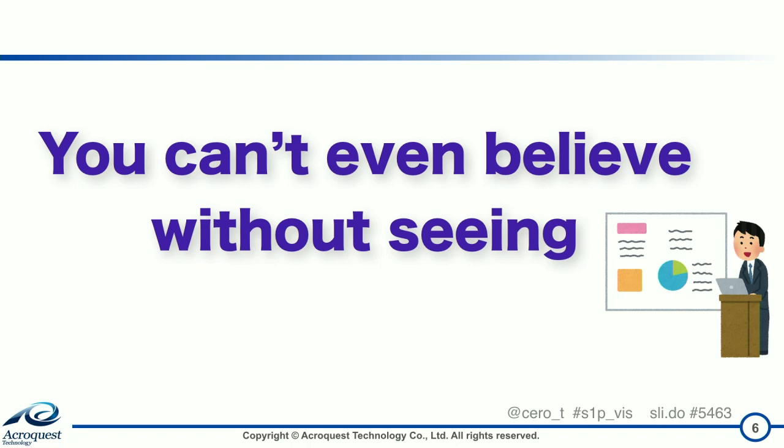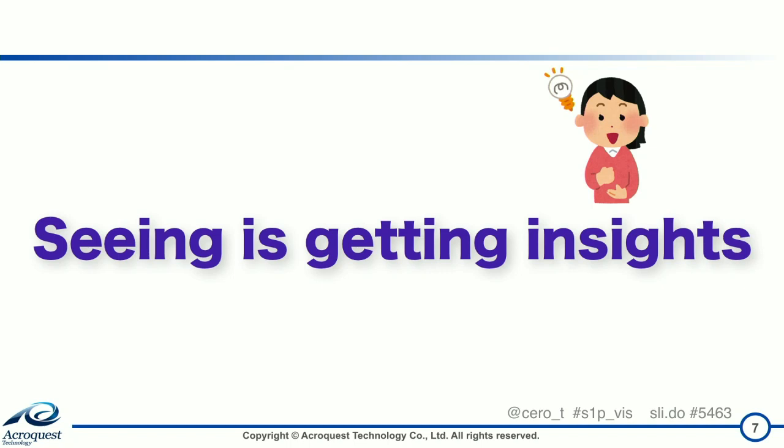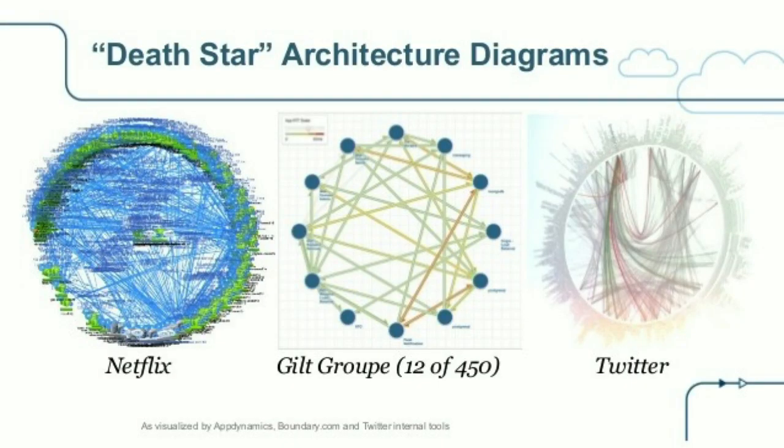And there is one more benefit when you visualize your system. That is insights. You can get insights from your visualization. For example, this is the famous diagram called the Death Star. You cannot see which service called which service, but it is enough.